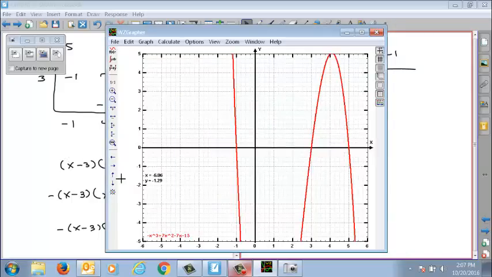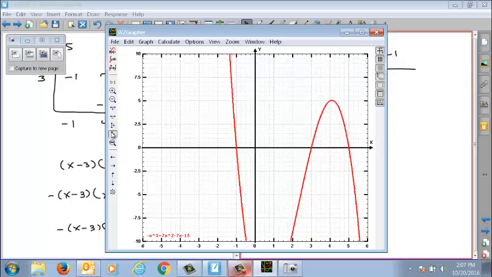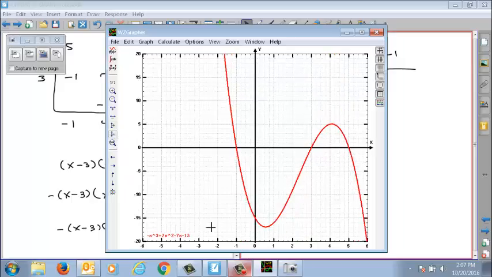And I graph it, and then I zoom out in this direction. And there you go. So you can see we have a maximum at 4.1, a minimum at 0.6. We have x-intercepts at negative 1, 3, and 5.